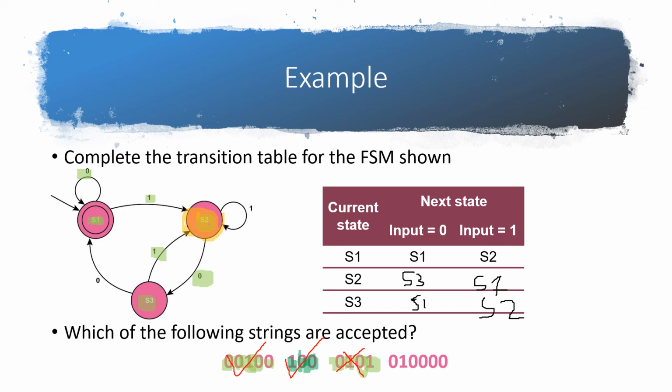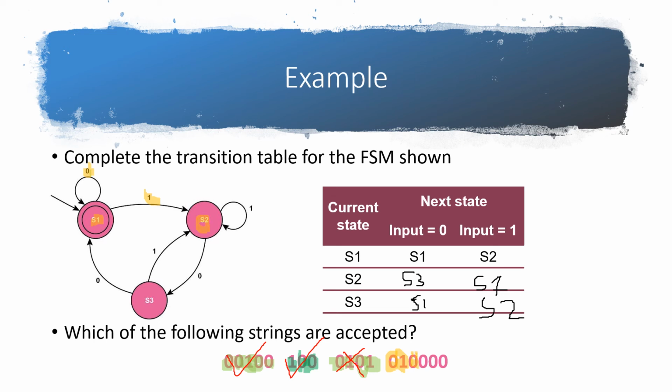So the final one of these then. For the 0, we are going to be on S1, and we're going to stay on S1. So the 1 is going to move us from S1 using that transition onto S2.